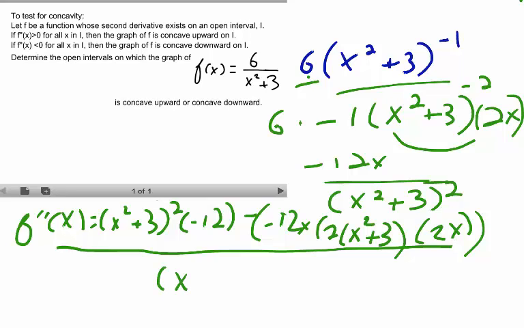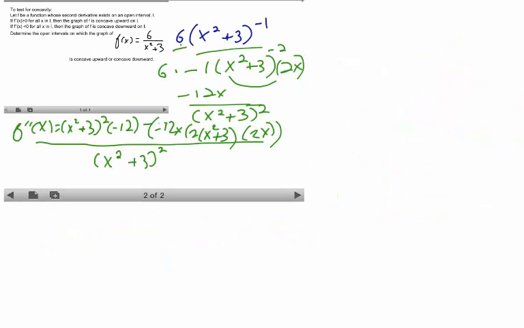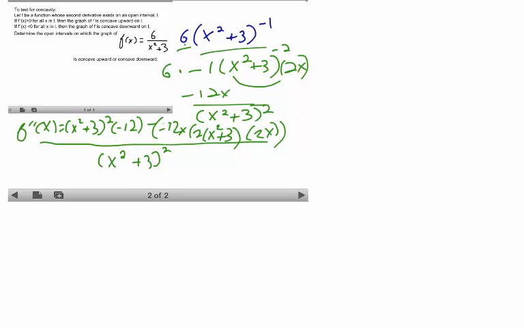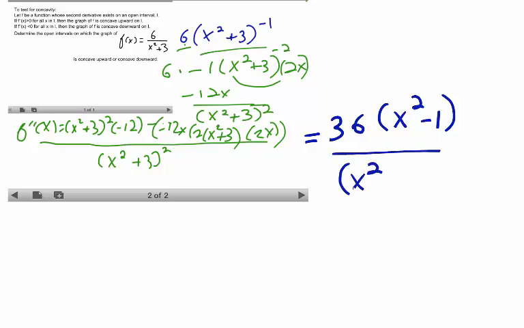So we have x squared plus 3 squared, and we are able to simplify this to 36 times x squared minus 1, all divided by x squared plus 3 cubed.